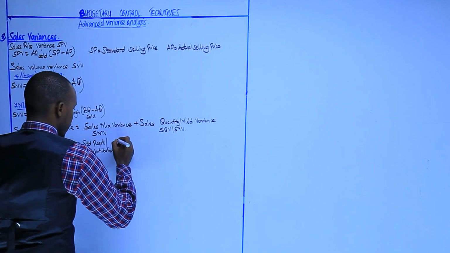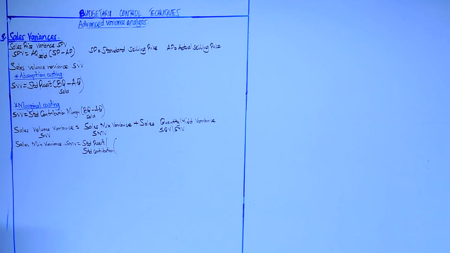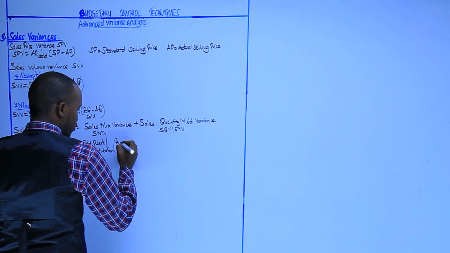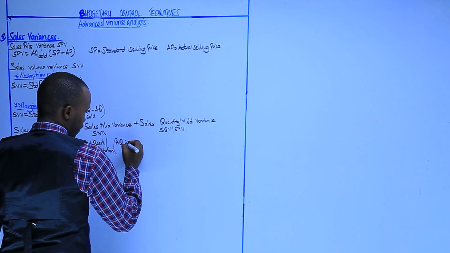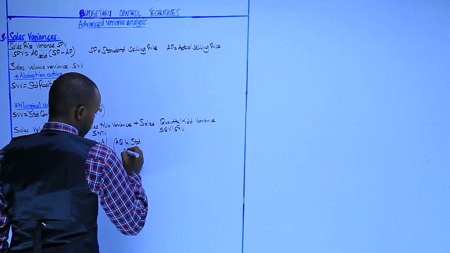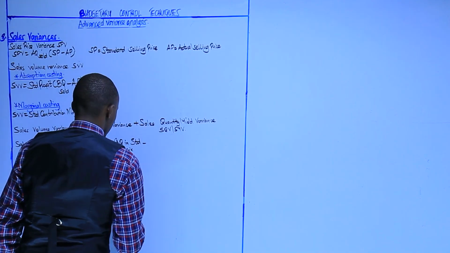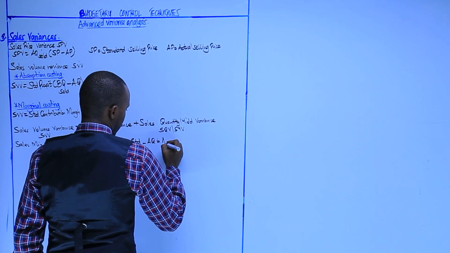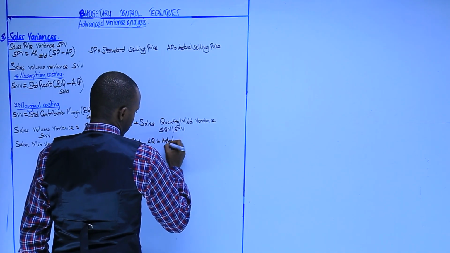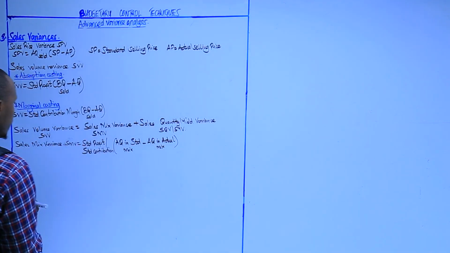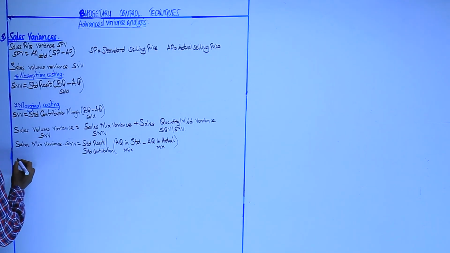It should be your mix is given by actual quantity in standard mix minus actual quantity in actual mix. In actual mix. All right.